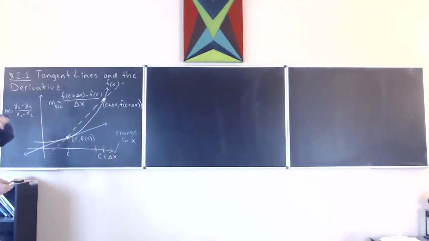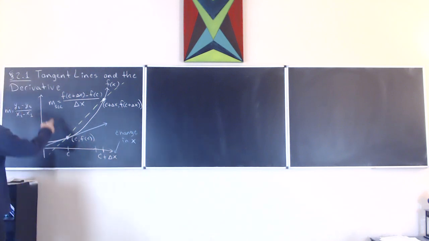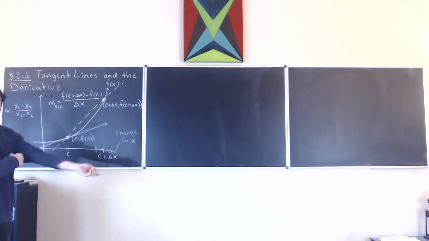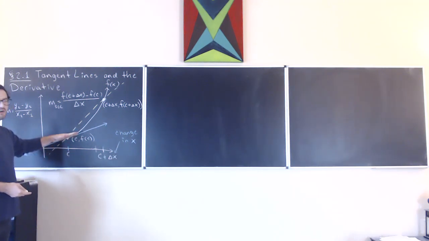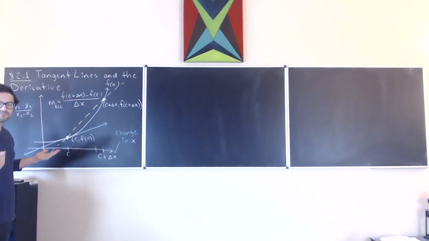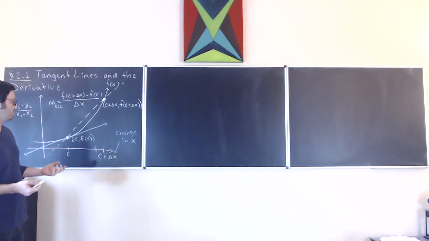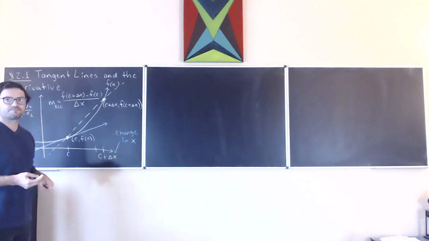So suppose now that we want to somehow approximate the slope of this line. Well, m secant is an approximation to the slope of that blue line here, the tangent line, right? Whatever number that is somehow an approximation to the slope of this line. But we can get a better approximation by having a smaller change in x.